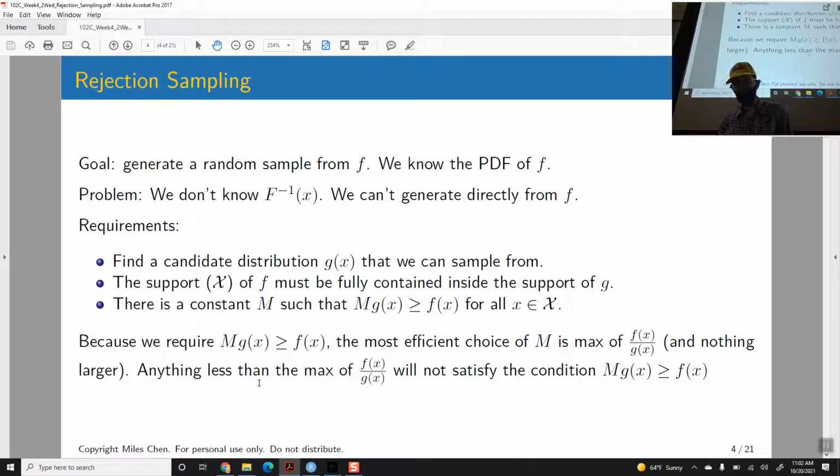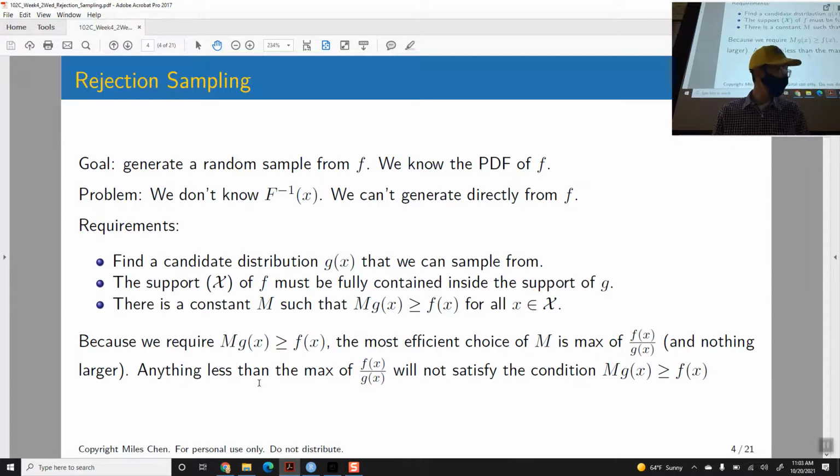So what we will do is find a candidate distribution g, just some other arbitrary PDF. The requirement is that the support of f, our target distribution, the distribution that we want, has to be inside the support of g, meaning that the function that we are able to sample from is theoretically able to generate any of the values that exist inside of f.